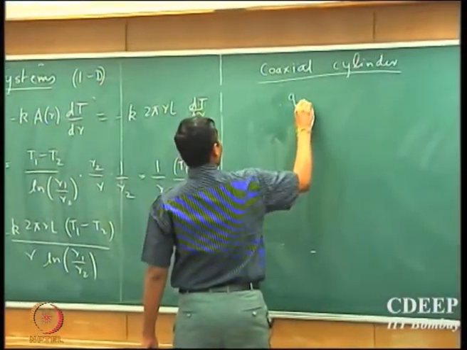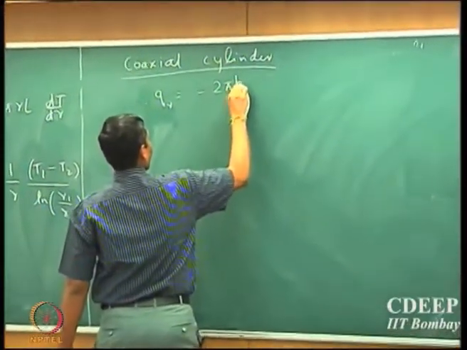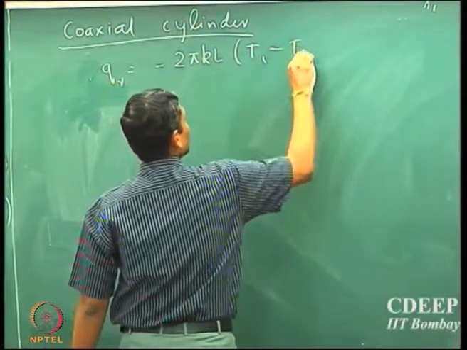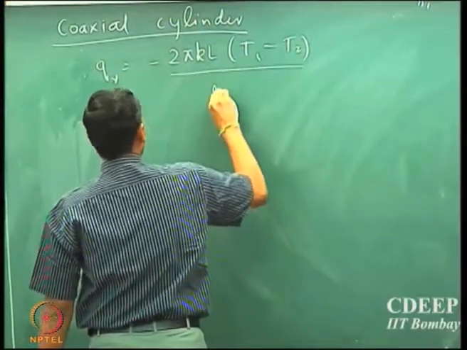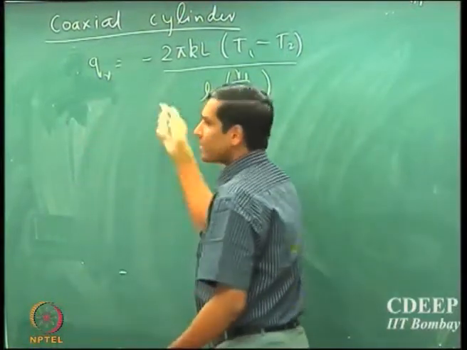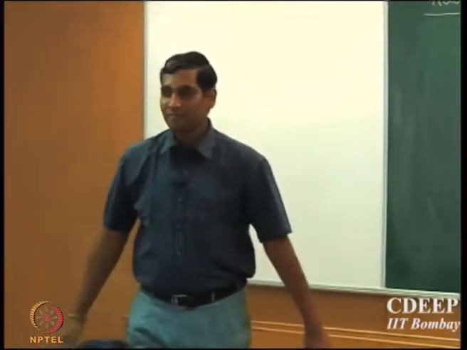So that will be Qr equal to minus 2 pi kL into (T1 minus T2) divided by ln(R1 by R2). So why is there a negative sign here? Is the heat transfer rate negative?